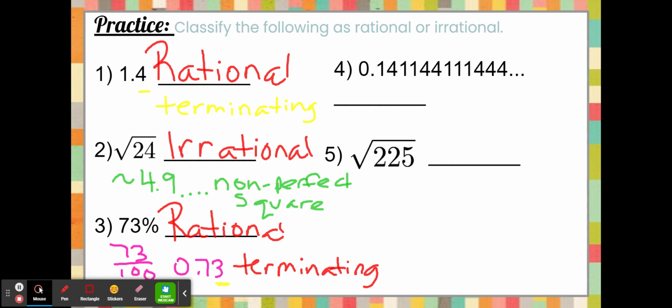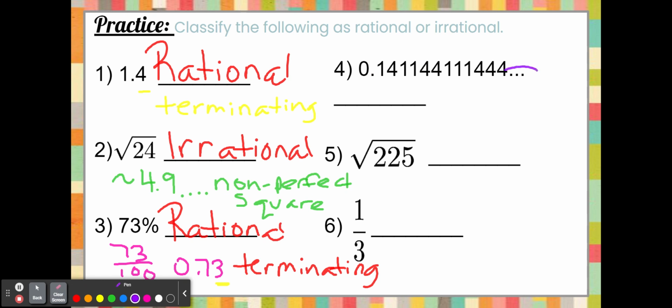Okay, let's go ahead and do the next one. So we have 0.141144111444... These dots indicate that that value continues on forever. So because it doesn't stop, we know that it's not considered terminating.